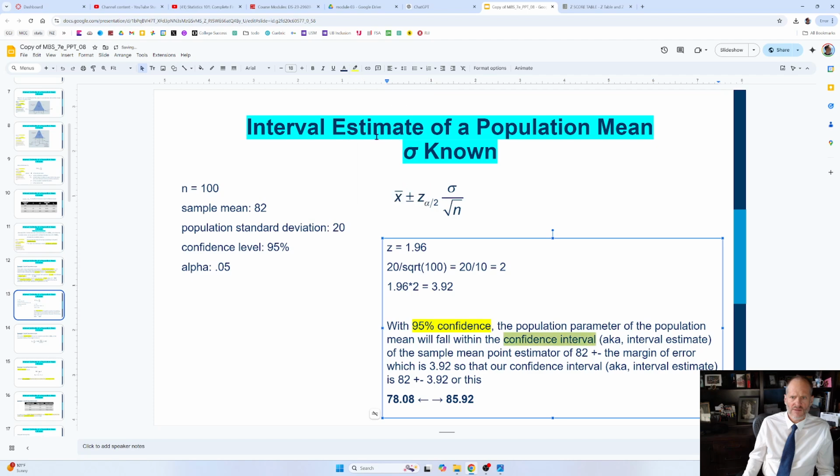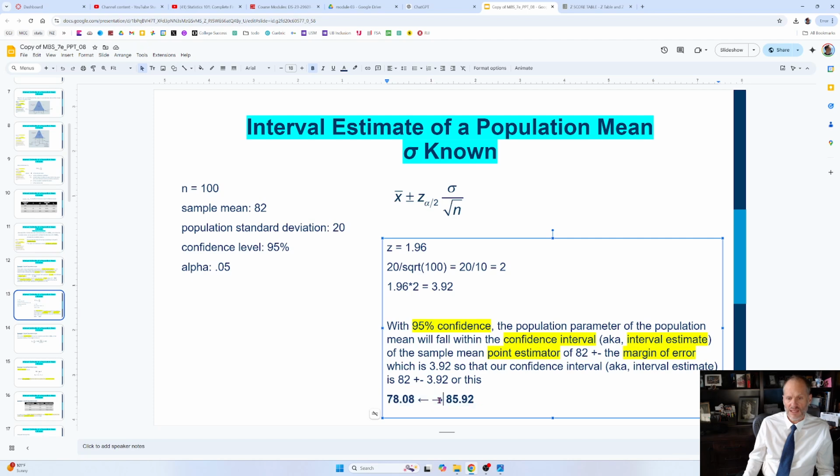And this, by the way, is the confidence interval estimate of the sample mean point estimator of 82, plus or minus the margin of error. So let's learn the terminology, which is 3.92, so that our confidence interval, aka interval estimate, is 82 plus or minus 3.92, or this, right?